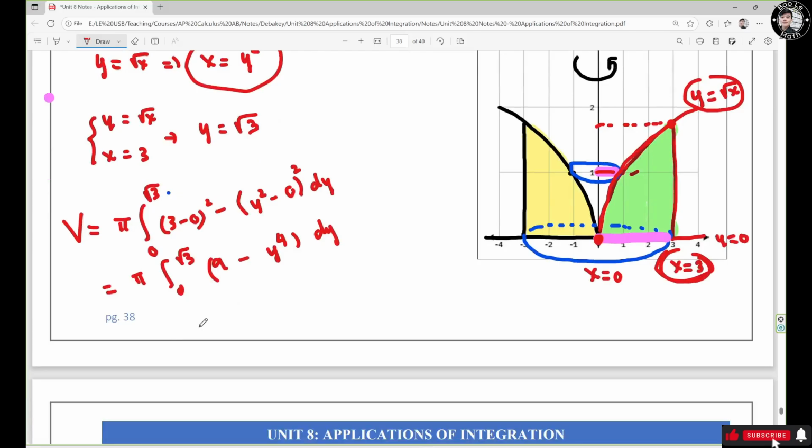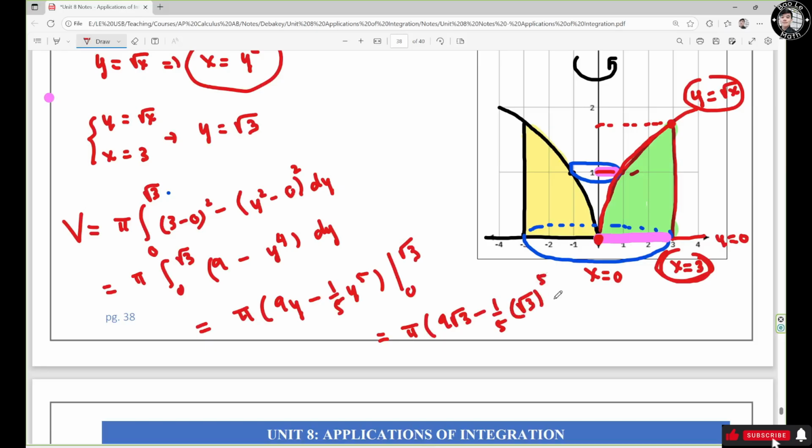Then it's going to be pi times 9y minus 1/5 y to the 5th evaluated from 0 to root 3. So substitute root 3 for y, it turns out to be pi times 9 root 3 minus 1 over 5 times root 3 all together to the power of 5. Substitute 0 for y, it's going to be 0.